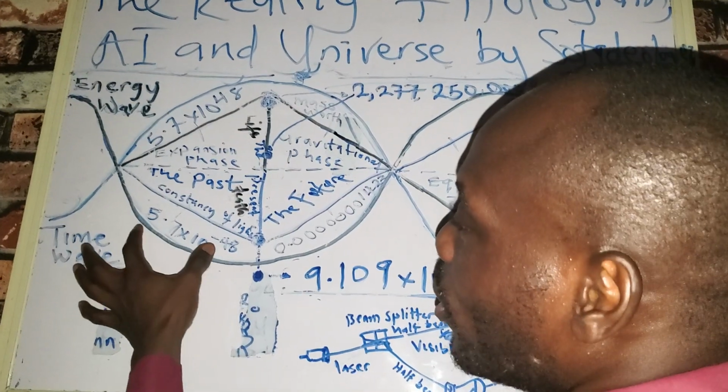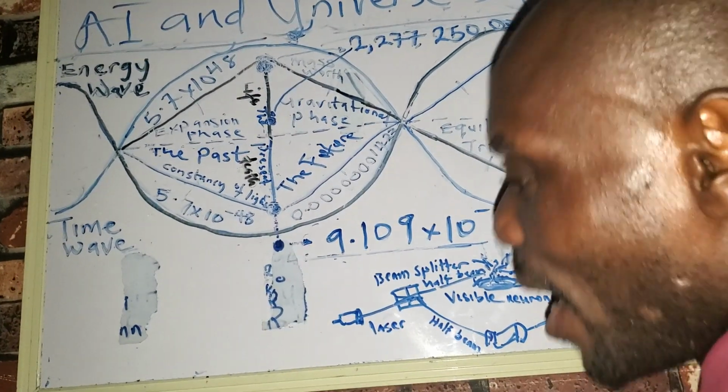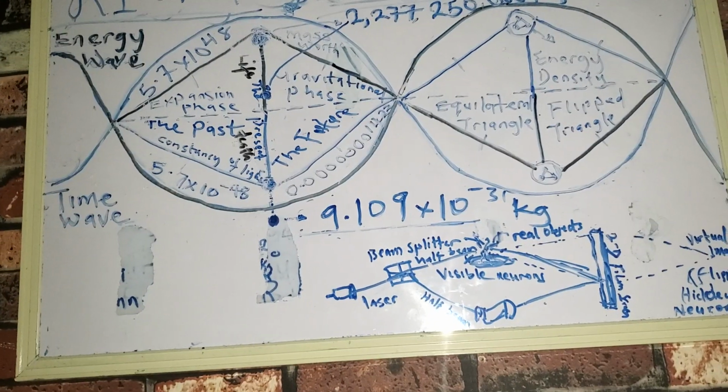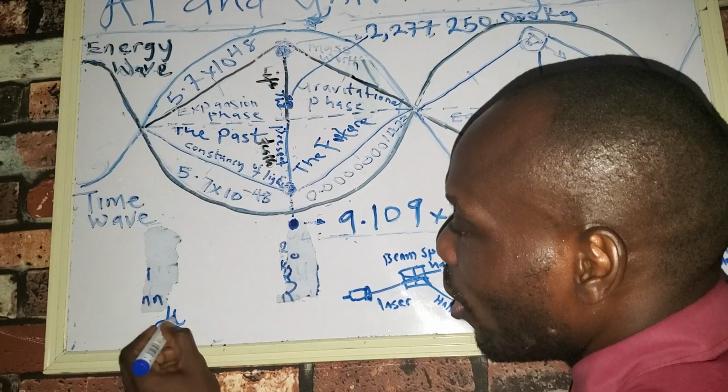When we put this wave amplitude at quantum level in the formula of everything, so I may have to write the formula of everything here. This is the formula of everything.